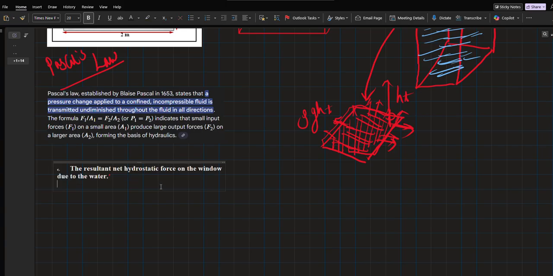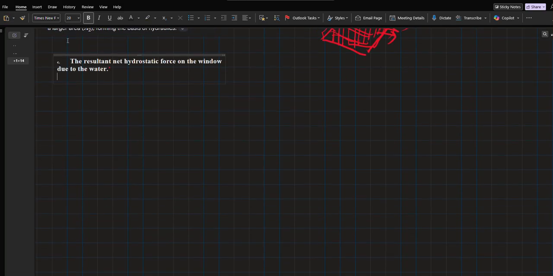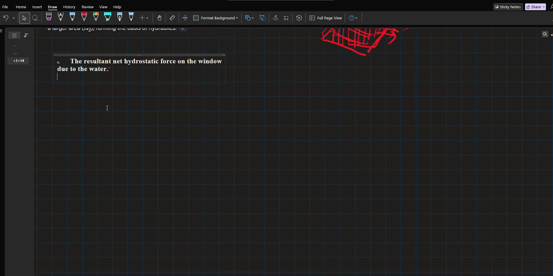Okay. So this was question part C, where it asked for the resultant net force on the window due to the water. It asked us the force. So how do you find force? We know pressure is force per unit area, right? The amount of force we get per unit area.